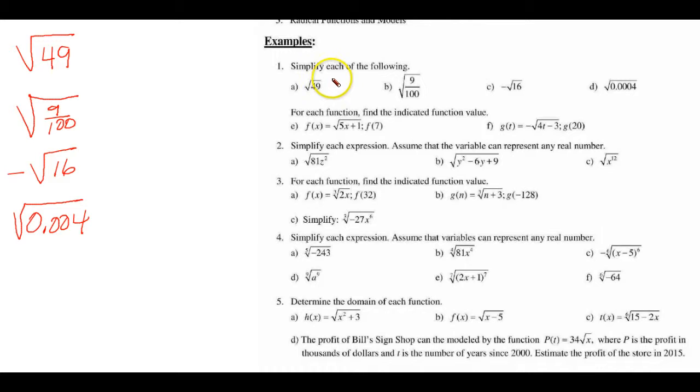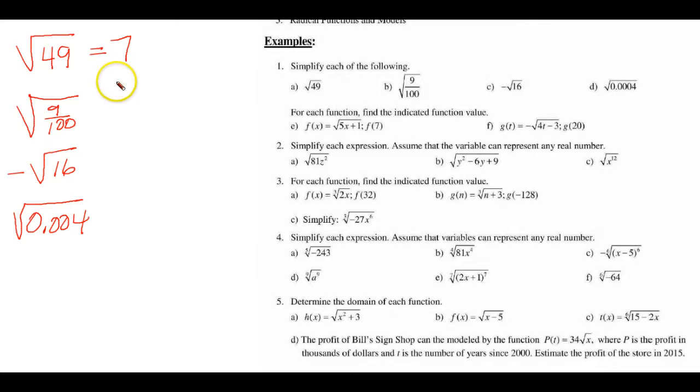So they want us to simplify, and what two numbers will give us a 49? What times what that are the same number? And the answer is 7.